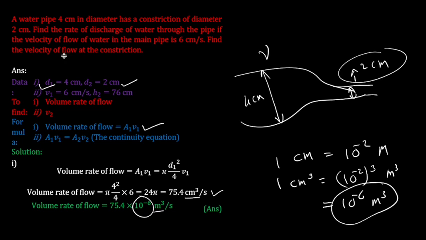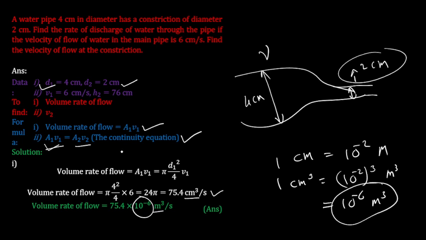Secondly, we have to find the velocity of flow at the constriction. According to the continuity equation, the volume rate of flow is the same everywhere. The volume rate of flow in the main pipe is A1 V1 and at the constriction is A2 V2. So these both volume rates of flow, in the main pipe and at the constriction, are equal.